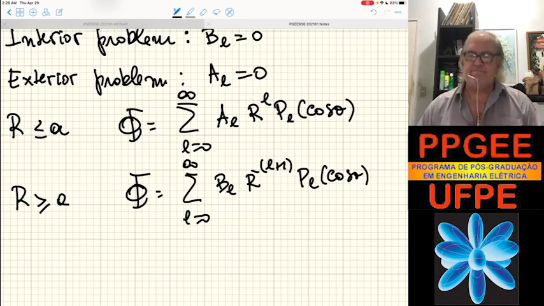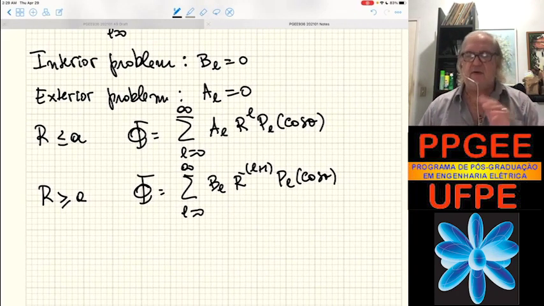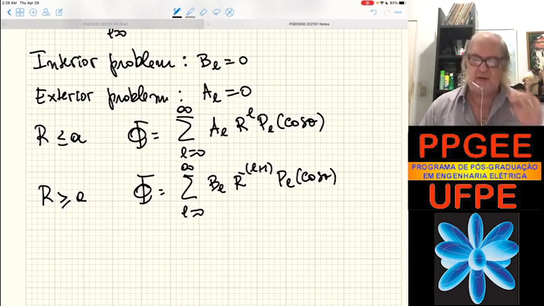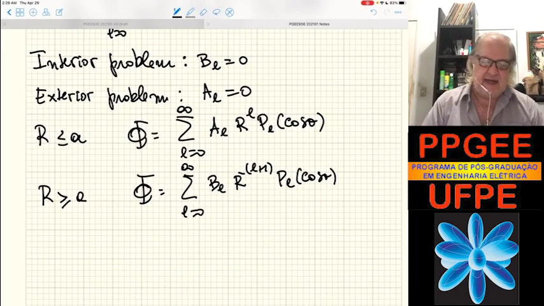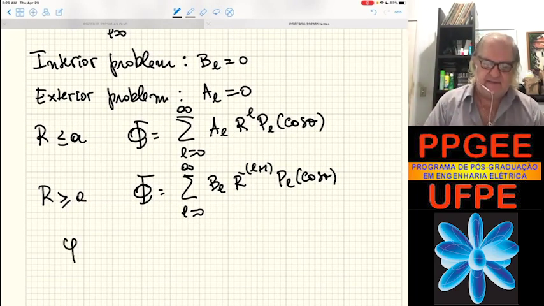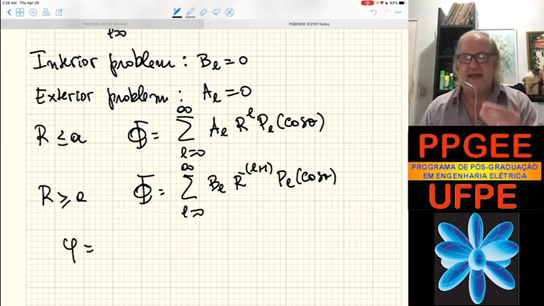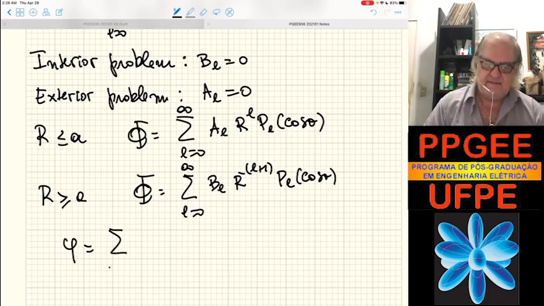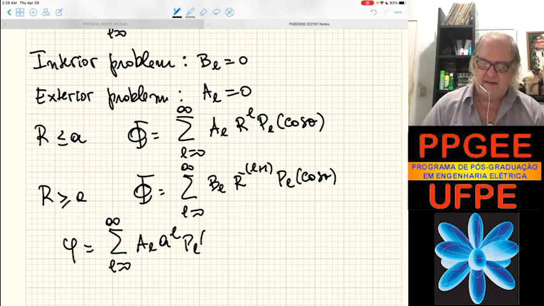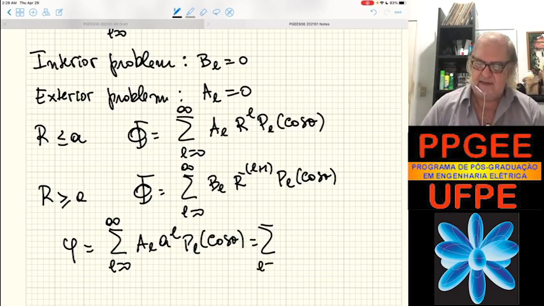Before we calculate the coefficients, notice that those solutions are equal at r equals a, because they are equal to phi, the function of theta. The solution has to be exactly the same at the boundary.